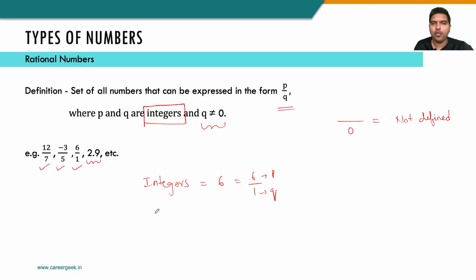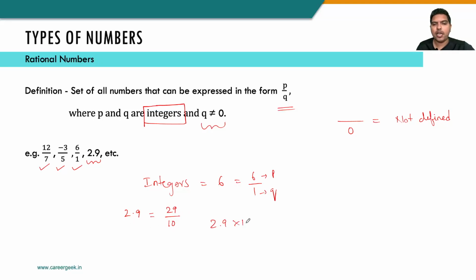Now we see a decimal, right? 2.9. How can this be a rational number? Definitely 2.9 we can write as 29 upon 10. We'll look into decimals in the later part a bit more. Since there is one decimal place, we can divide by 10. How did we get it?